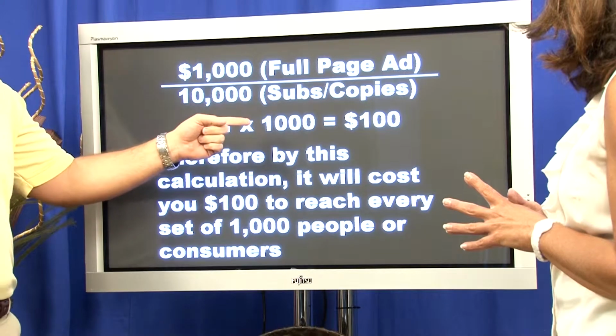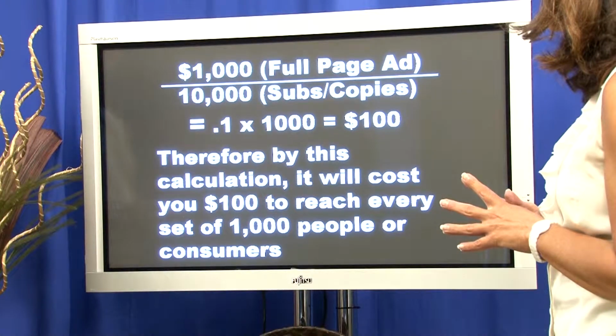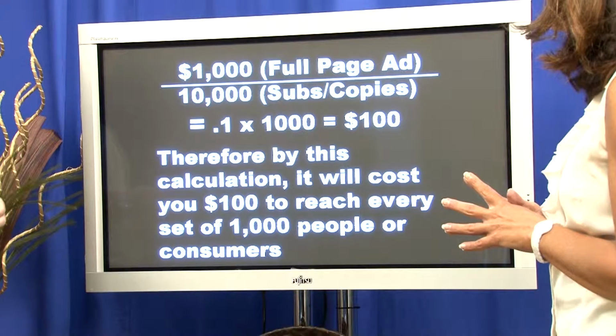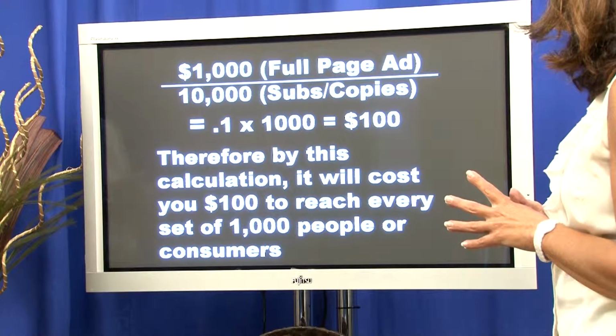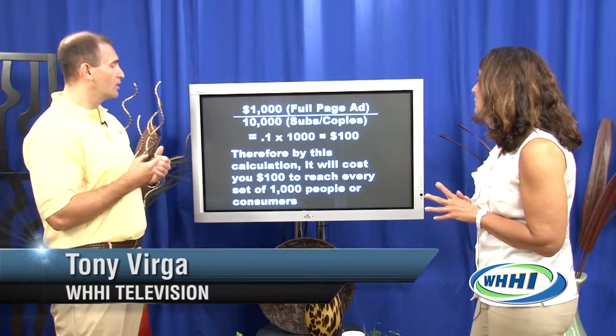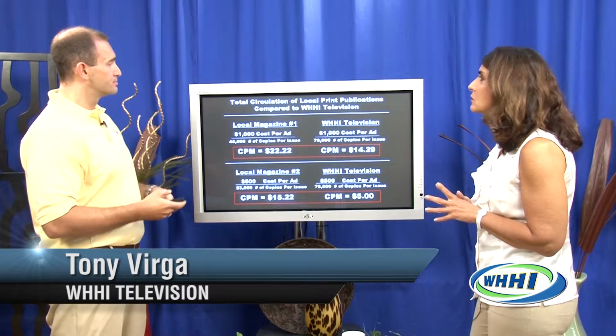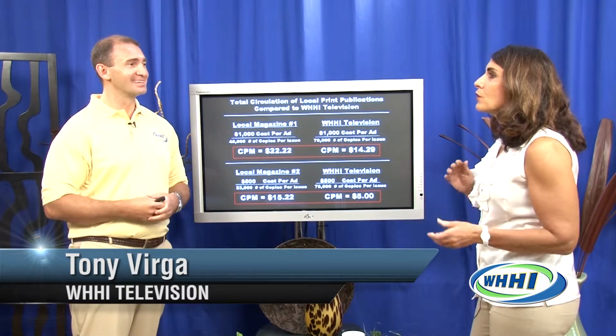You would times that by 1,000, and that would give you your cost per thousand at $100. Therefore, it will cost you $100 to reach every 1,000 people or set of consumers.